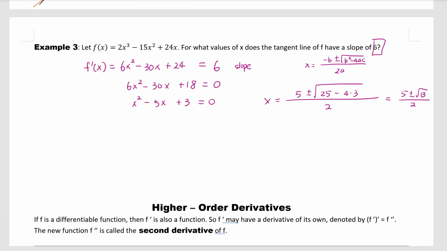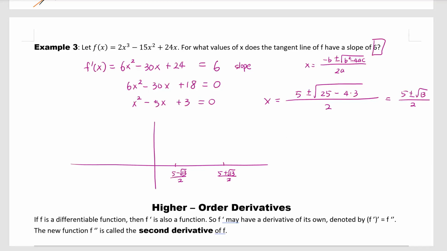So we actually have two numbers. So here are the two numbers x where the tangent line has the slope of 6. I want you to know, let's say this is 5 plus square root of 13 over 2, and this is 5 minus square root of 13 over 2.